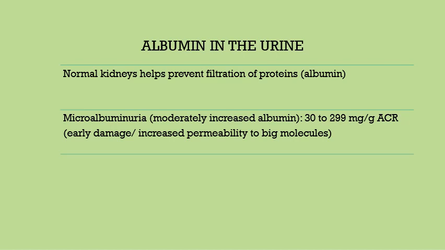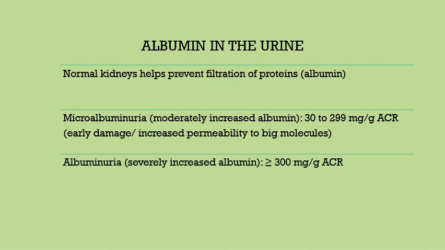This small amount of albumin is called microalbumin, and by definition it occurs when the albumin concentration in the urine is less than 300 milligrams per gram of creatinine. That level of protein in the urine cannot be picked up by a typical urine dipstick, but it can be measured by more sophisticated testing.